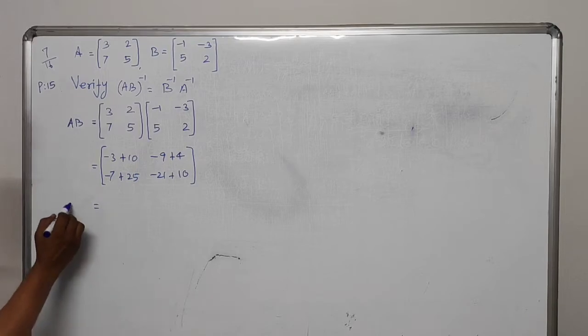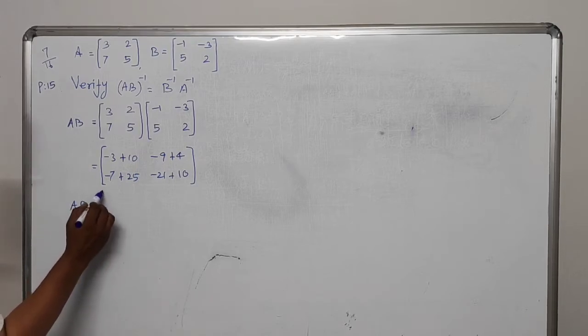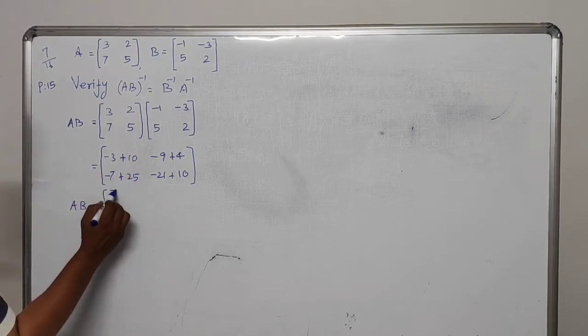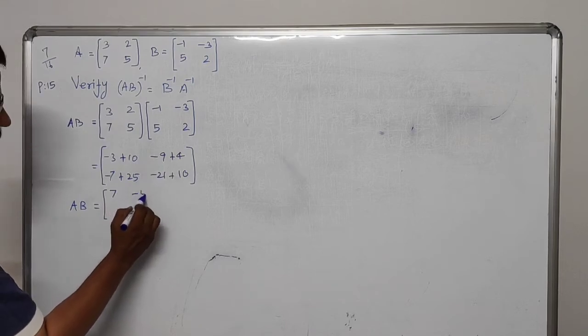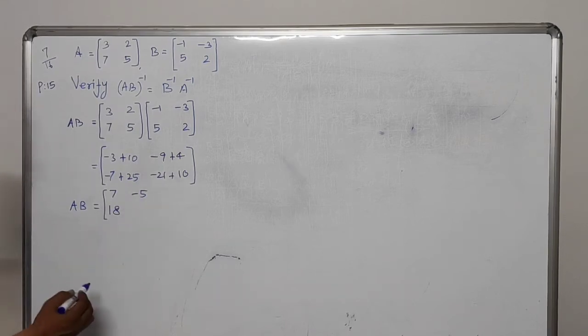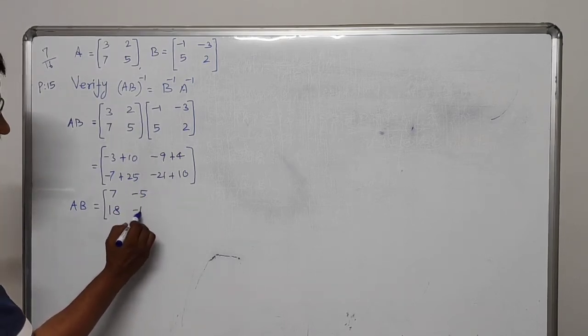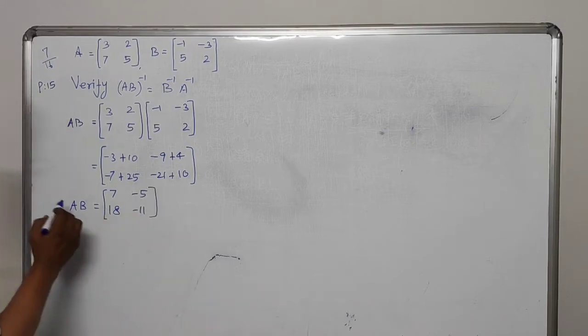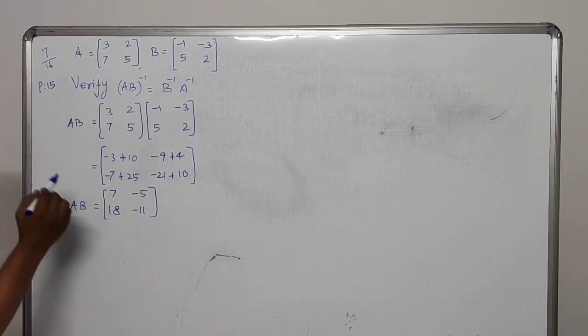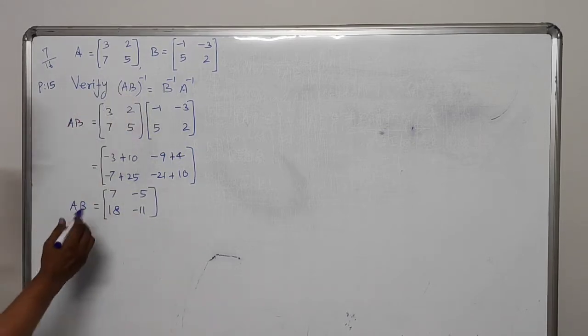Now if you simplify you can get the product AB as 7, minus 5, 18 and minus 11. Now this is AB.